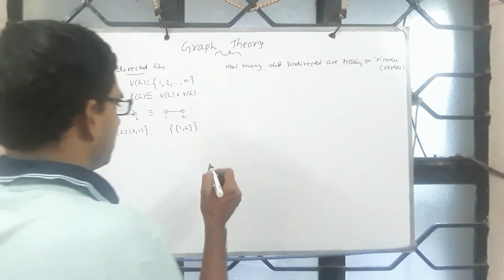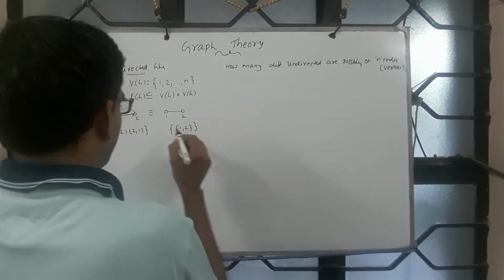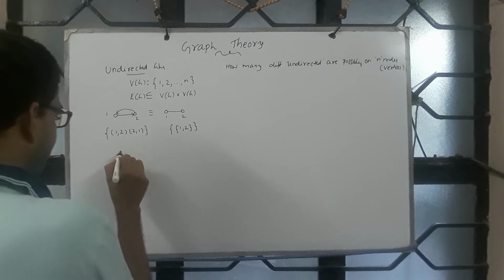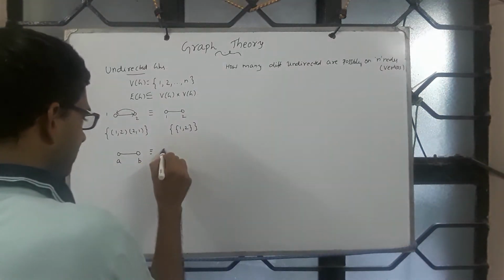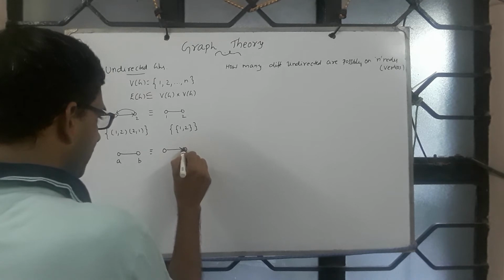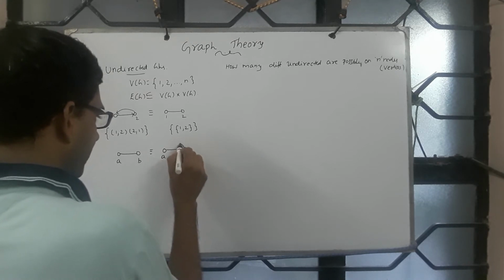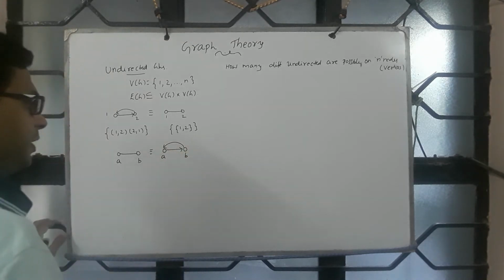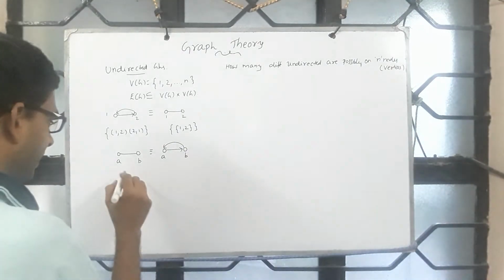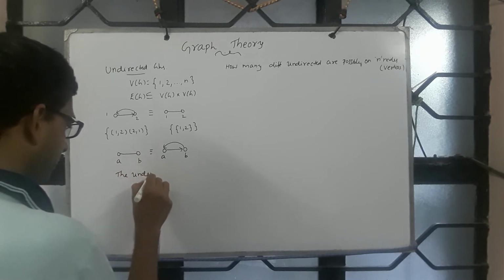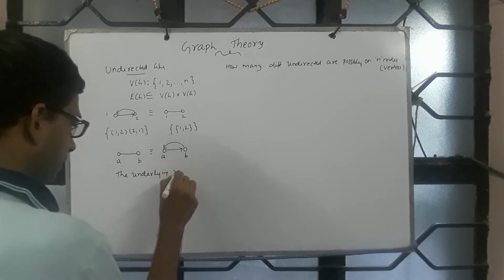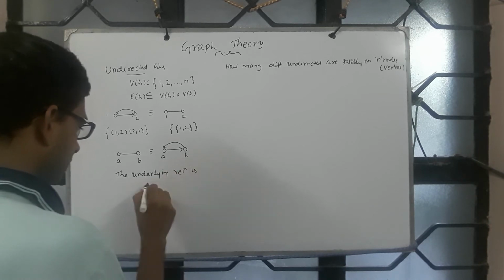So if you look at any undirected graph, in particular any edge in it, if there is an edge between A and B, then that means you have a directed arc from A to B and a directed arc from B to A. So that shows that the underlying relation is always symmetric.